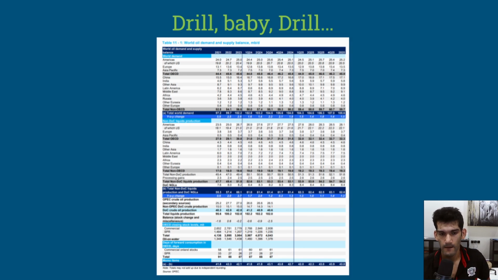If you look historically, this kind of deficit hasn't necessarily been there. In 2022, we even had a bit of a surplus, and in 2021, we had a deficit of minus 1.6 million barrels per day.